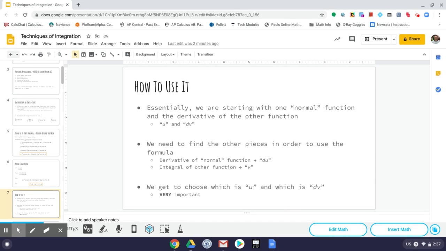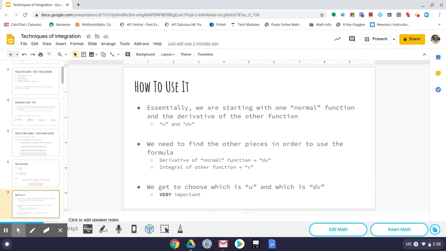Essentially, we're going to be starting with what I'm going to call a normal function, so not a derivative of a function, just a base function. And the other one is actually going to be the derivative of some function already. It won't look like that. I'm not going to tell you that that's the derivative of blank, or the problem won't be posed that way.